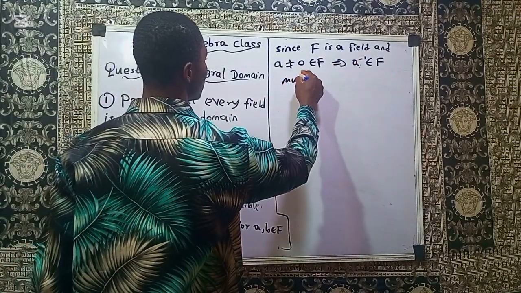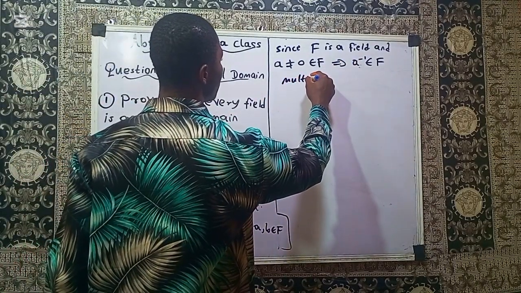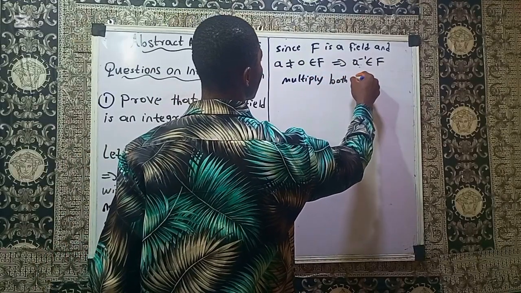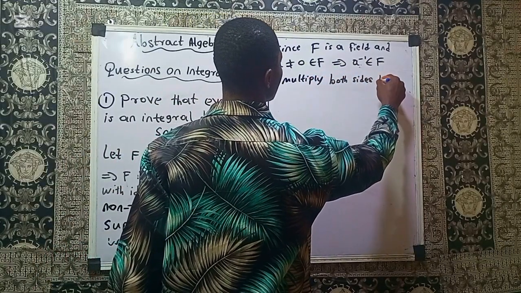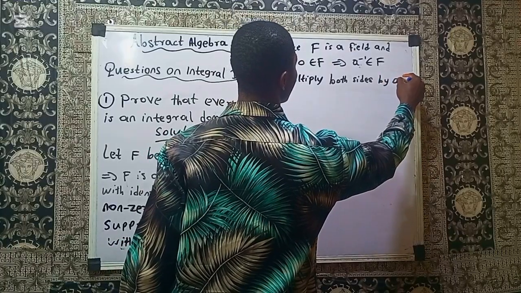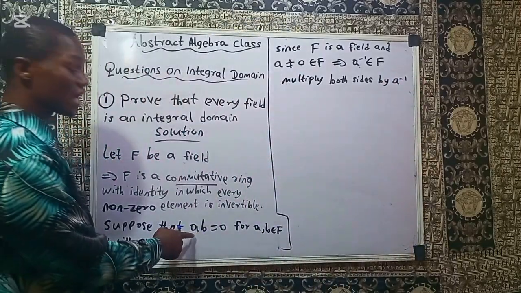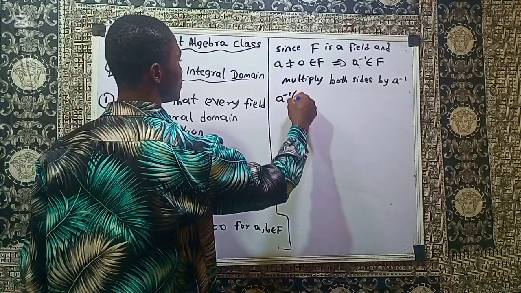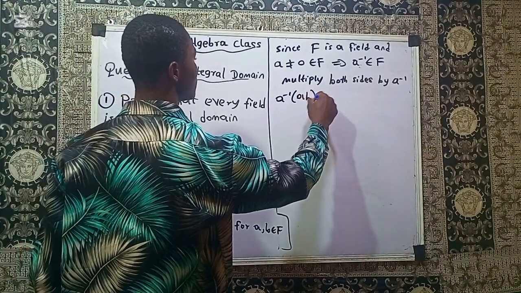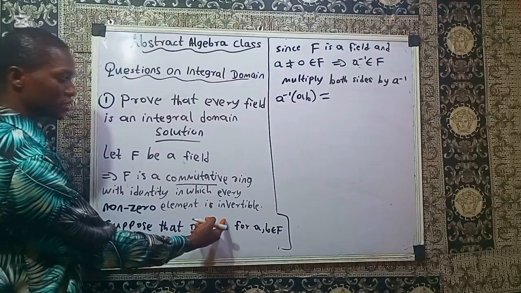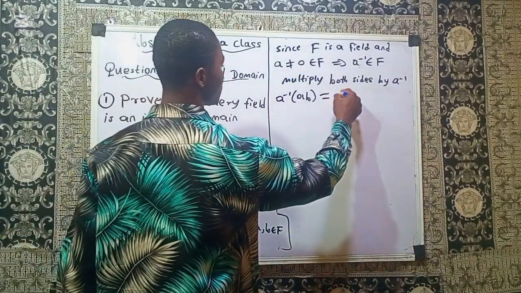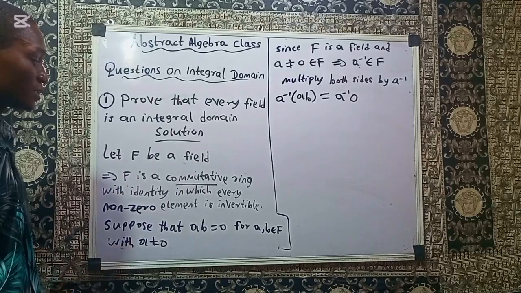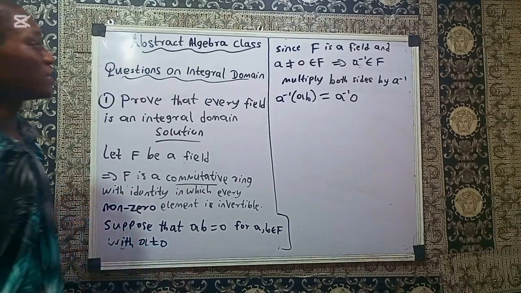So a inverse times ab equals a inverse times 0.